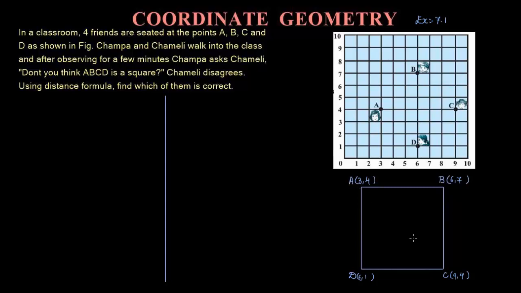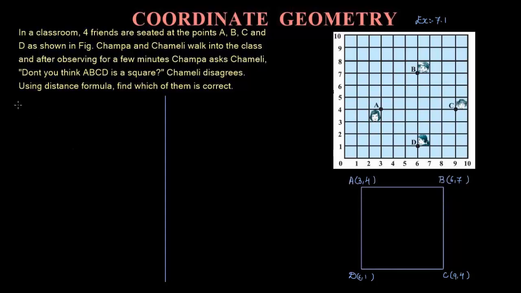So if I join these 2 points A and C, the line you get will be equal to the line BD. These 2 are the diagonals of this square. So if you get all the sides equal, and this diagonal and this diagonal equal, then it is a square. So we need to check all of this.